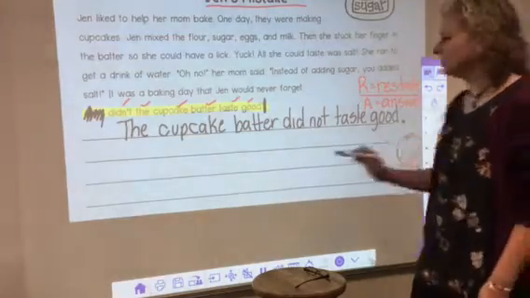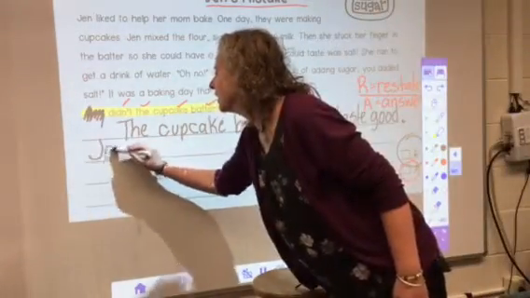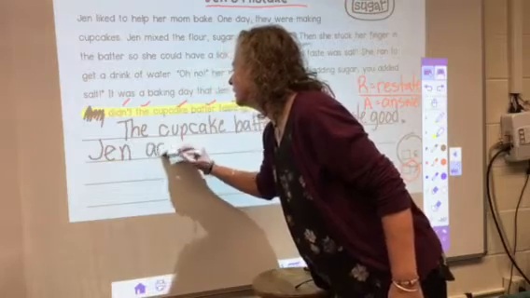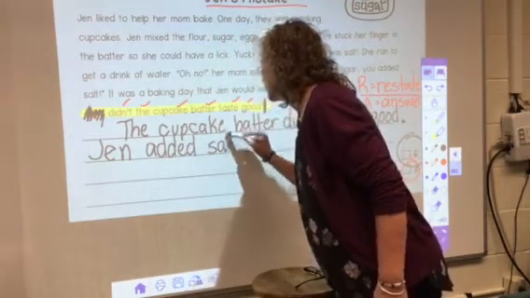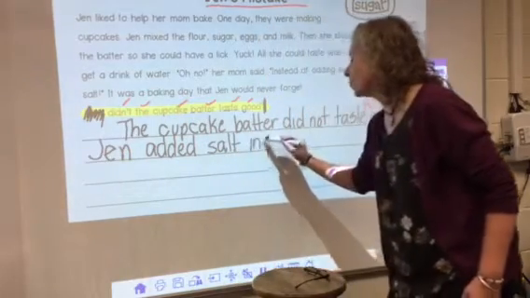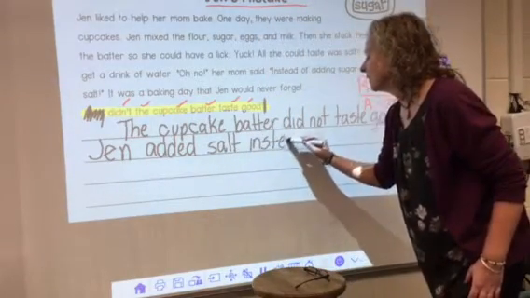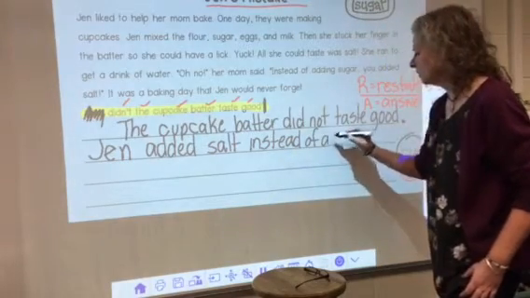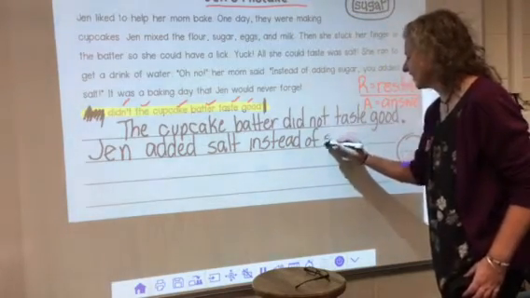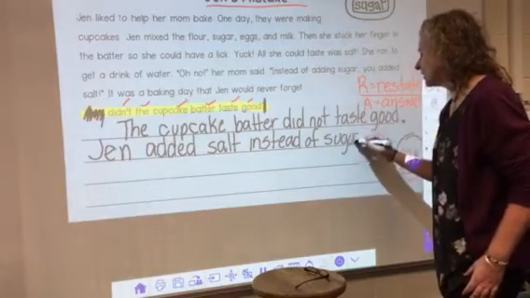Why didn't the cupcake batter taste good? What did Jen do? Jen added salt instead of what? Instead of sugar.